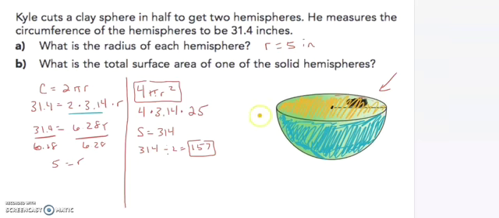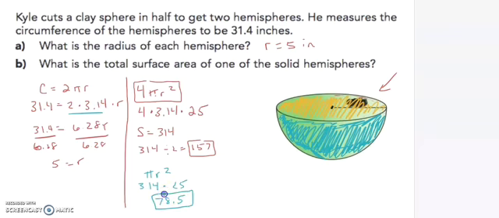So remember, we want to find the area of this circle. We're going to use the formula for the area of a circle, which is pi r squared. So that's going to be 3.14 times the radius squared. Remember, the radius is 5. So 5 squared is 25, and that's going to give us 78.5.